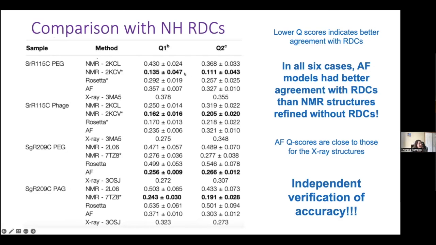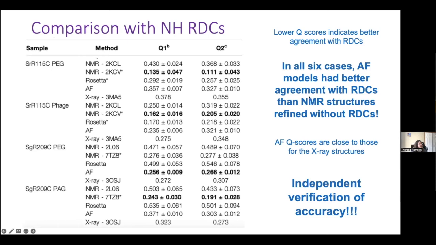So in all 6 cases, the AlphaFold models had better agreement with RDCs than the NMR structures that were not refined with RDCs. So for example, 0.43 not refined with RDCs, and then AlphaFold 0.25, then 0.235, 0.47, and 0.5 and 0.37.